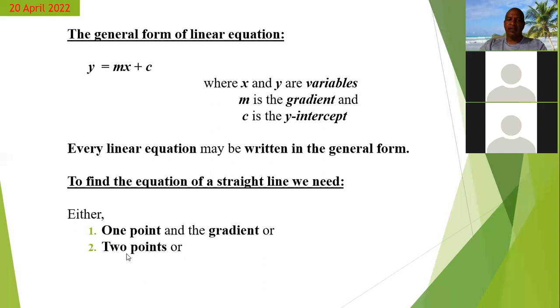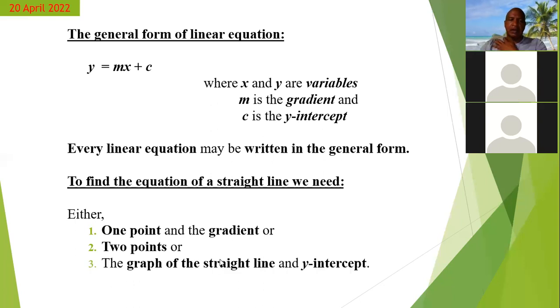Or if we are given 2 points, we can use the same 2 points to calculate the gradient, and we can use the same 2 points to help us to find C. And then we can plug those values in the general form and we get the equation.